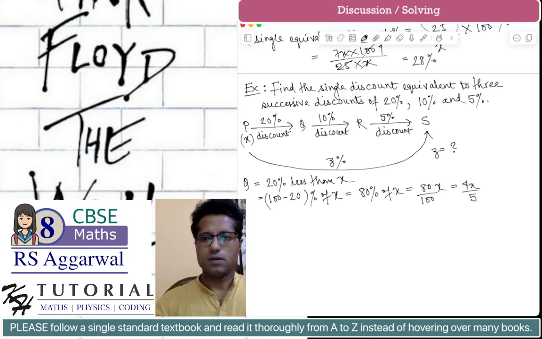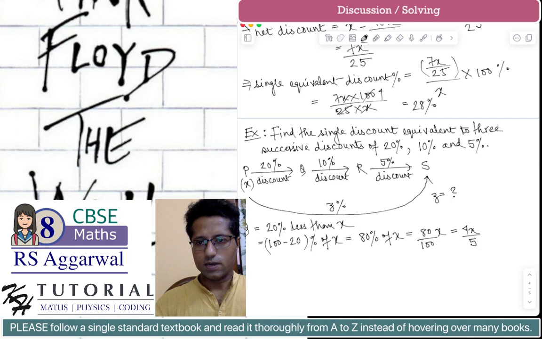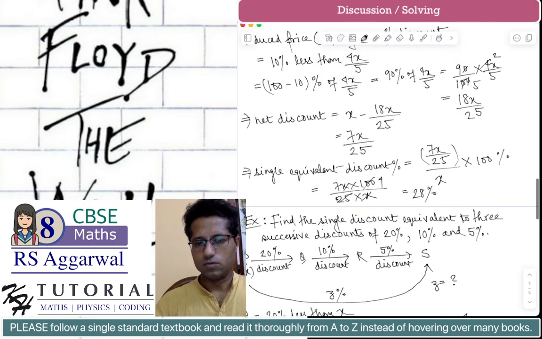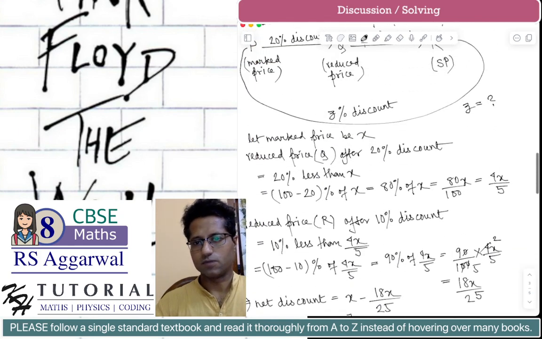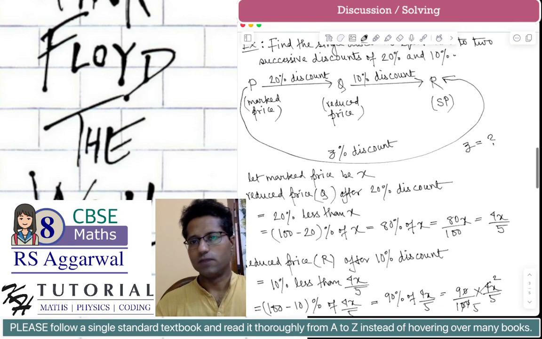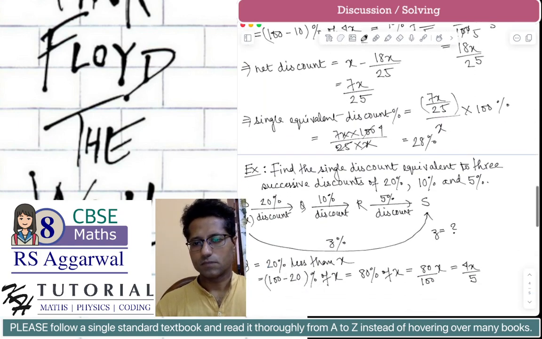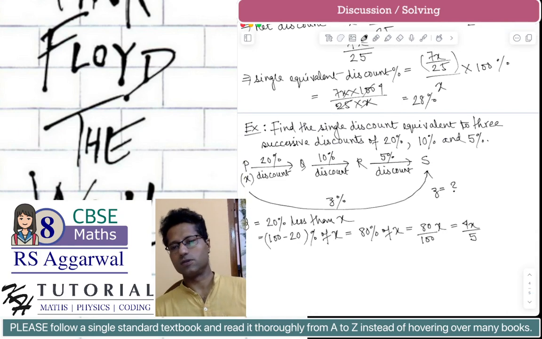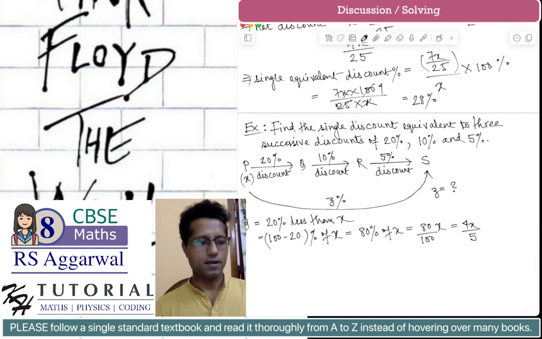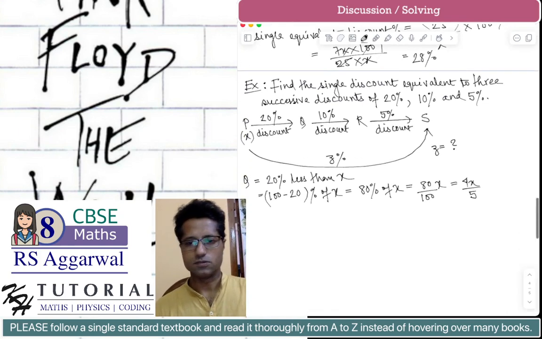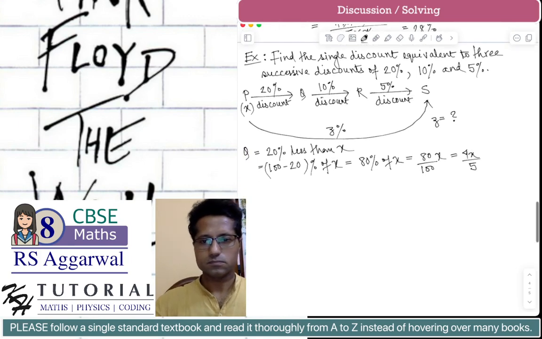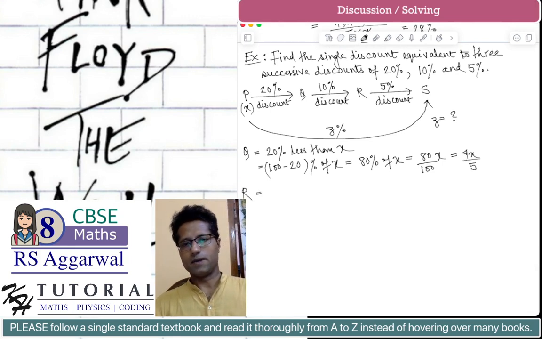Now Q and R will be similar to the previous problem, because in the previous problem the successive discounts were 20% and 10%, and here also the first two discounts are 20% and 10%, and the final discount is 5%. So Q is 4X by 5. Okay, what will be the intermediate reduced price R, which is obtained by applying a 10% discount on Q?